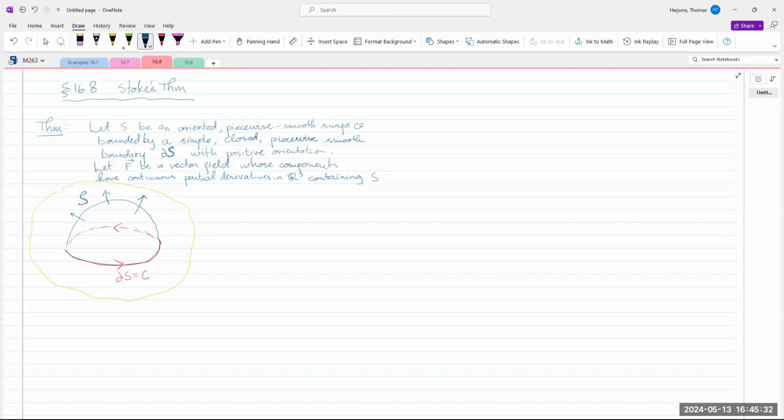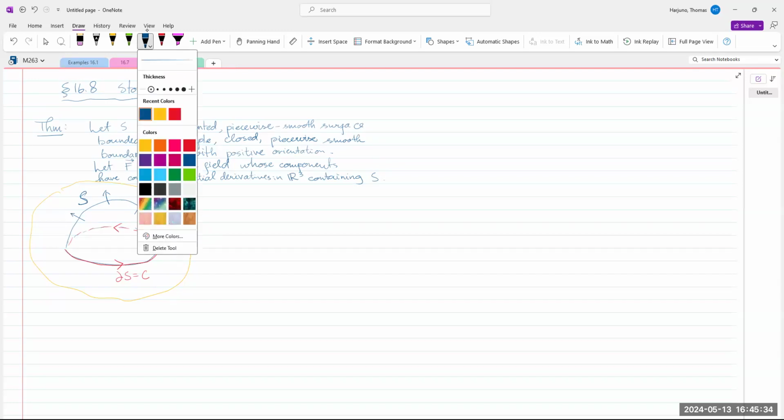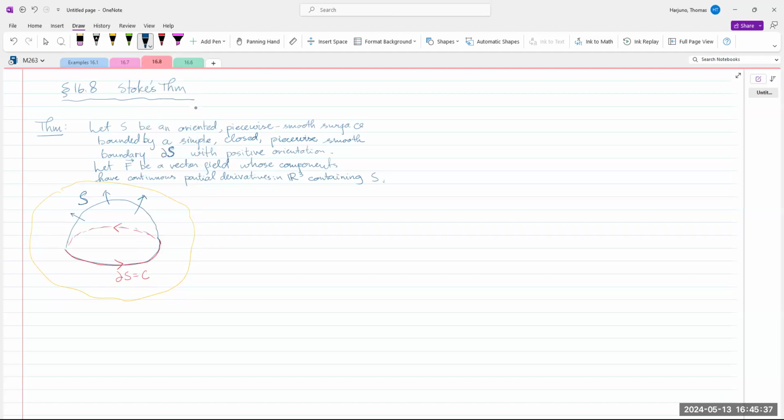Now, what this theorem says is the following. Let's say that we have this situation. Then the line integral over closed curve C, which is the boundary of our surface S, of F dot dr, is equal to the double integral over the oriented surface S of curl of F dot dS.